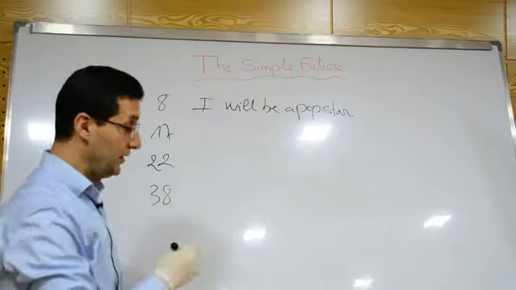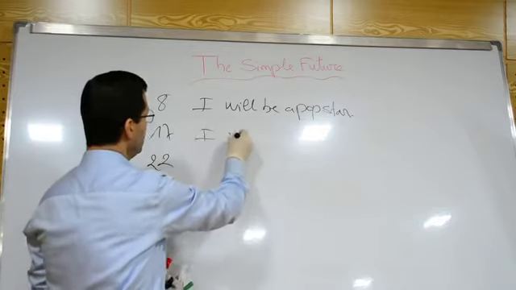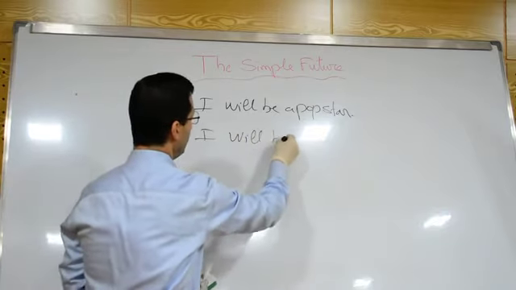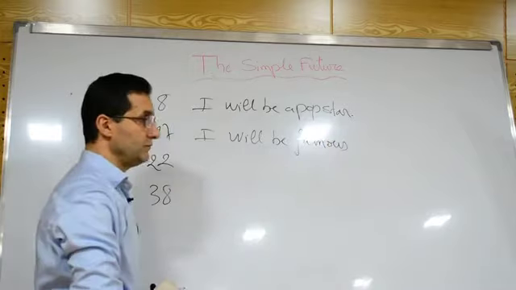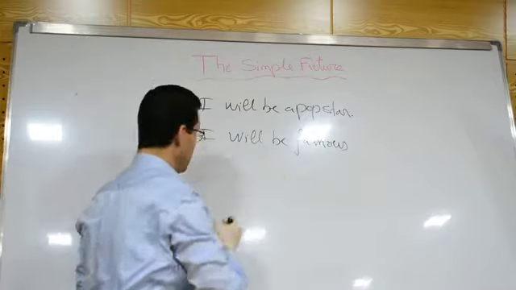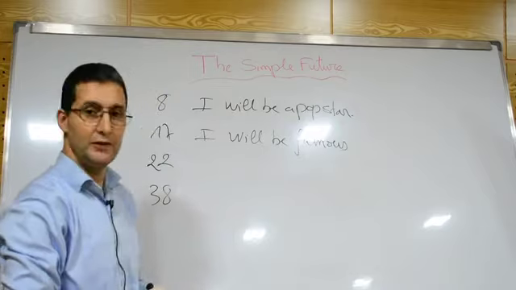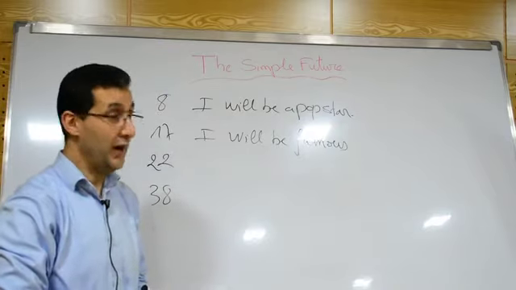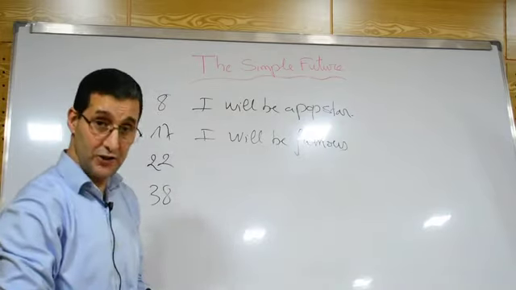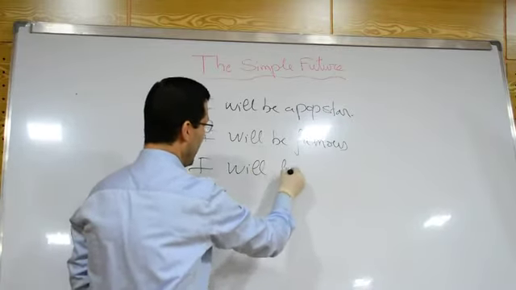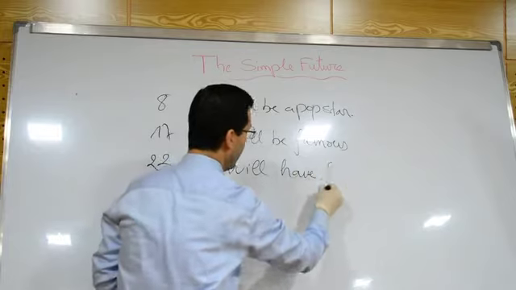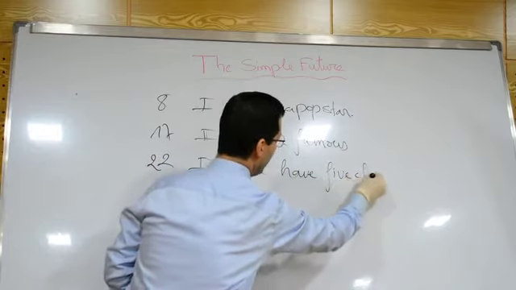I will be famous. Then, number 22. Oh, I will have 5 children.